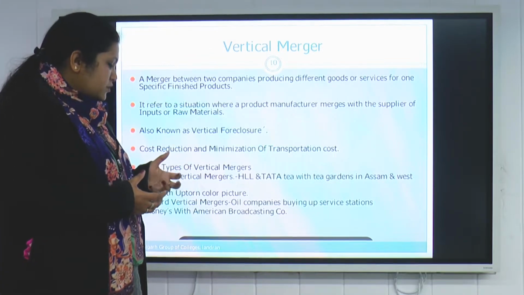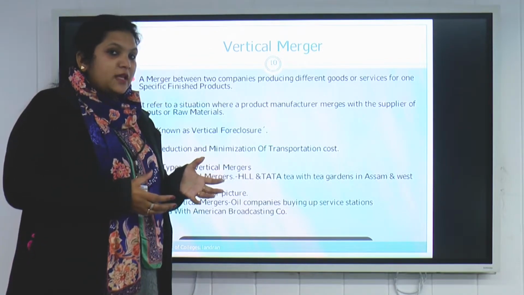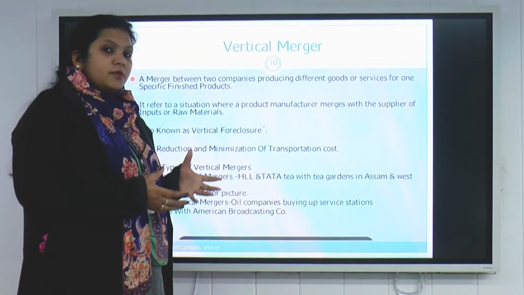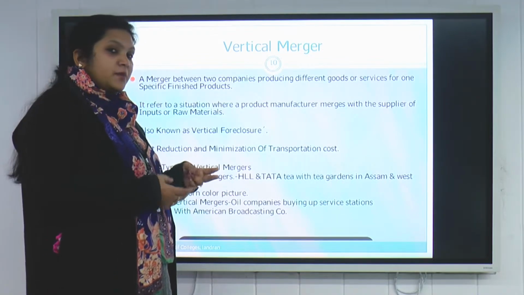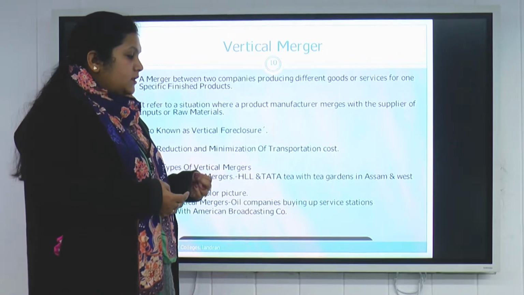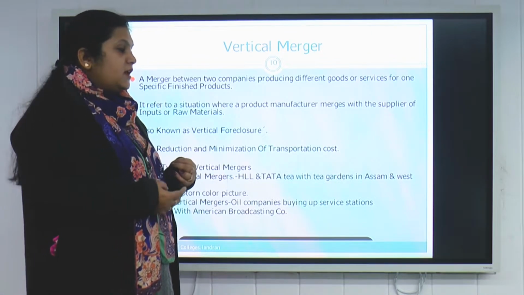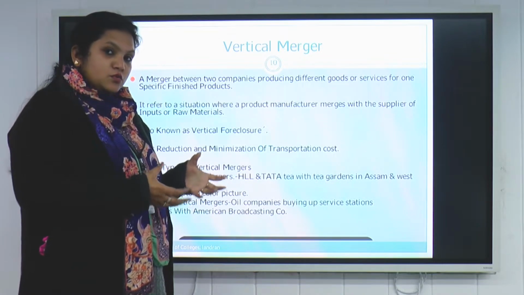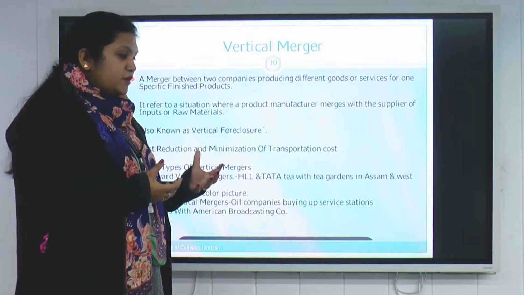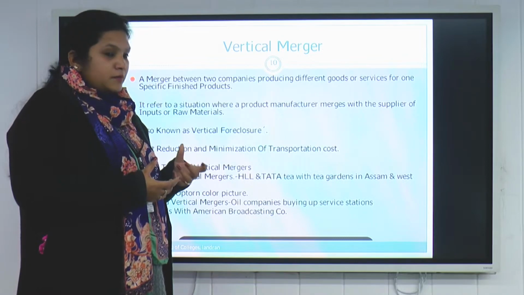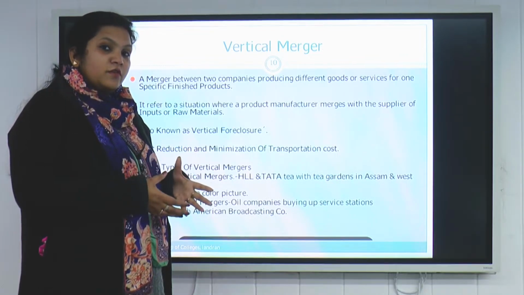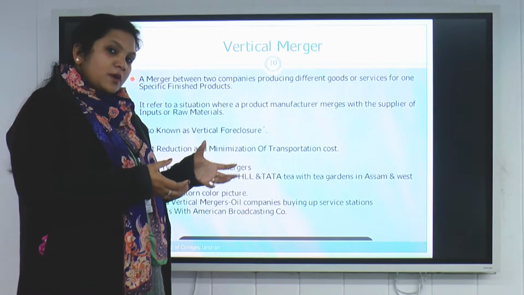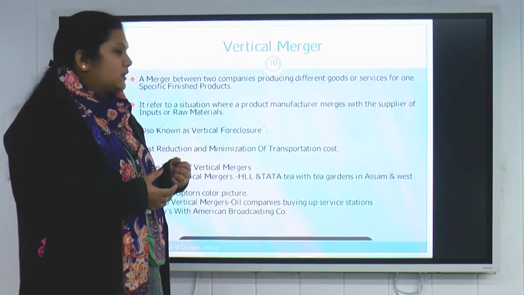For example, when we're talking about a car manufacturer, there are two companies, one is producing the dashboard, the other is producing the seat covers. So now these two companies, who are producing different goods, but they are forming a part of a similar set of finished product. Those two companies come together, they form a vertical merger.